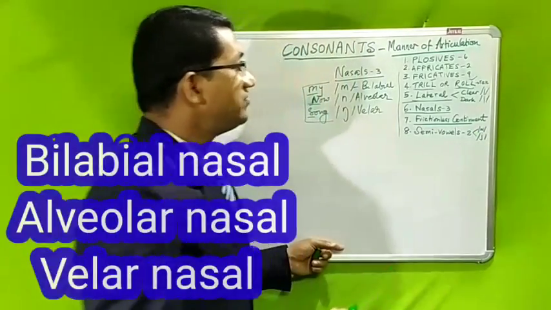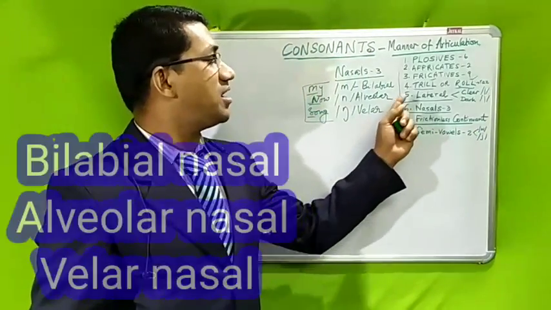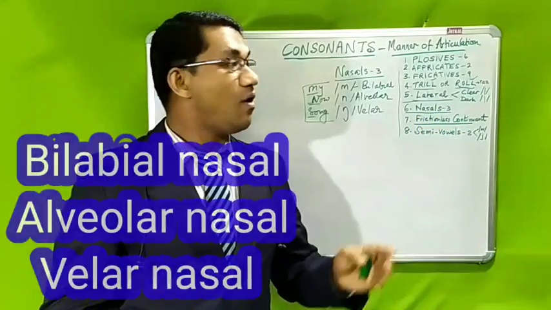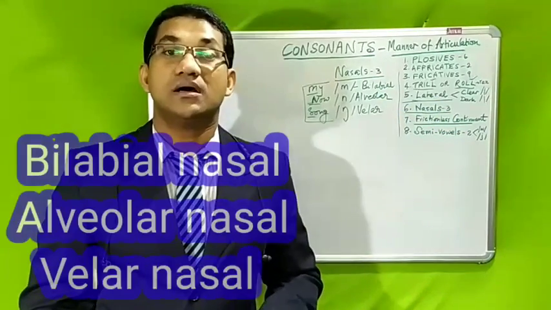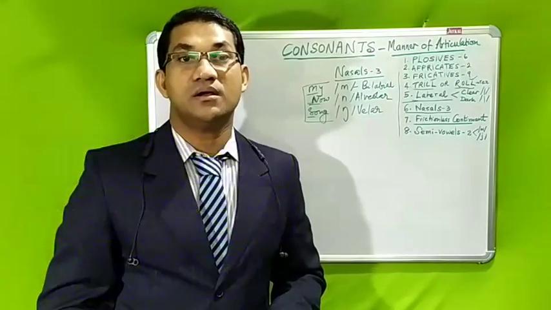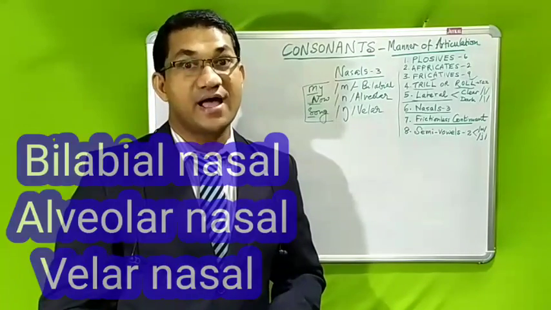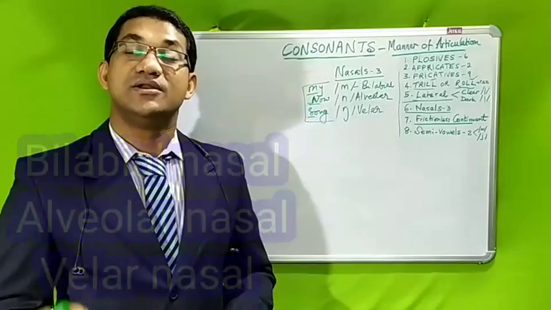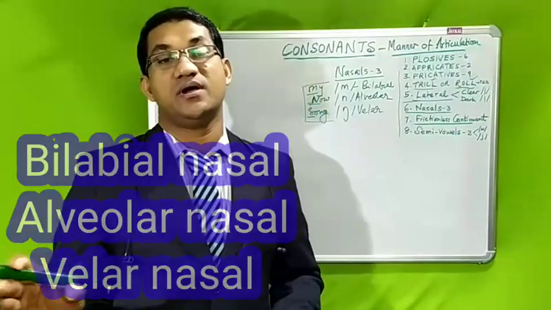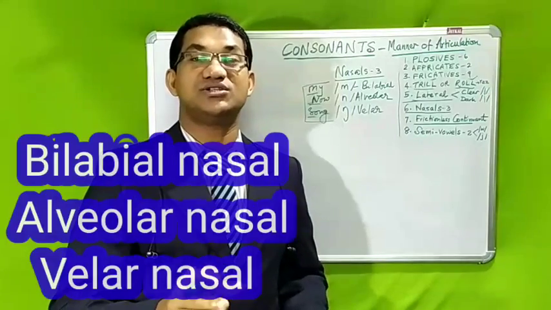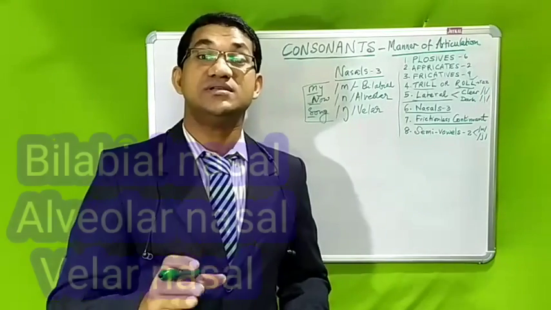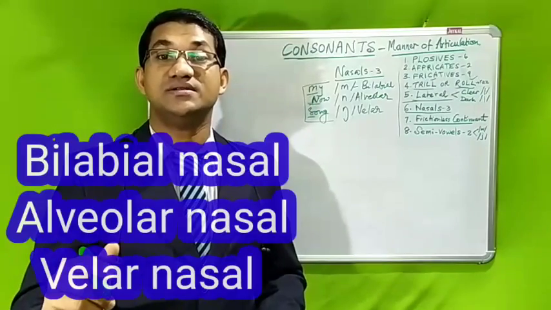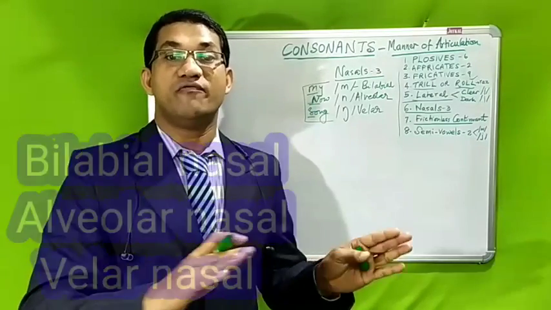So in the previous lecture we studied about the trill or roll, and we know that the trill or roll is the r sound in, of course, ran, rat, etc. And the same sound is, of course, known as a frictionless continuant, because based on the manner of articulation, these consonants, the frictionless continuants, are articulated with no friction.